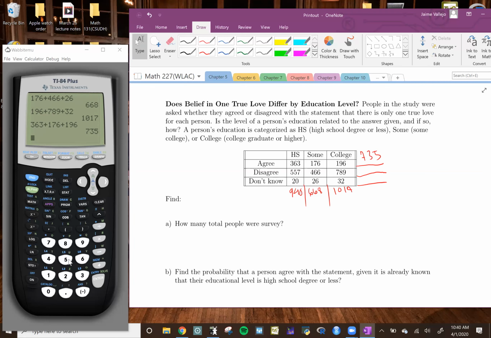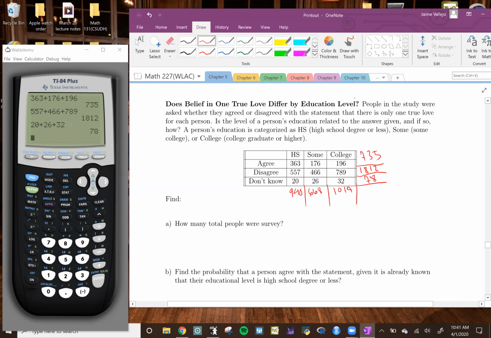Then we'll say 557 plus 466 plus 789, and you get 1812. Lastly, you should do 20 plus 26 plus 32, and you get 78.